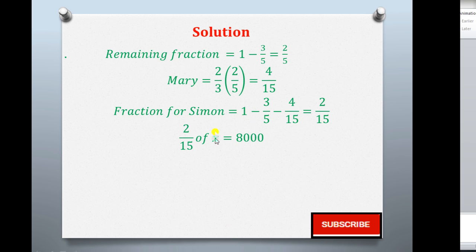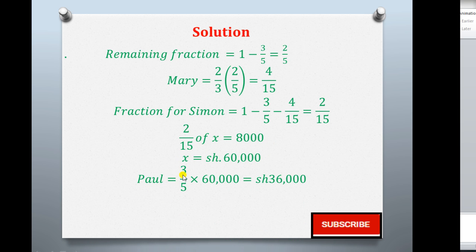Assuming the total amount for the saving fund was X, it means the fraction of Simon multiplied by the total amount should give you 8,000 shillings. So 2 out of 15 times X gives you 8,000. If you multiply 2 by X, that will be 2X out of 15. And if you cross multiply and divide, you will get the value of X as shillings 60,000.